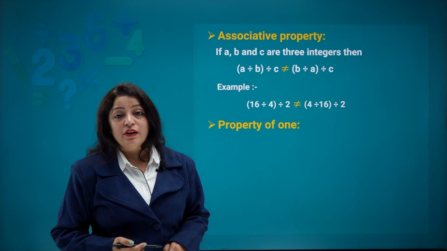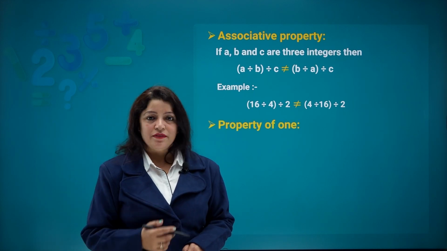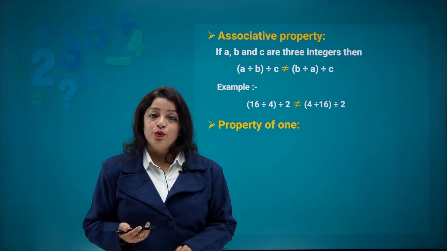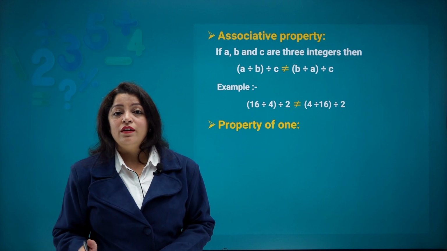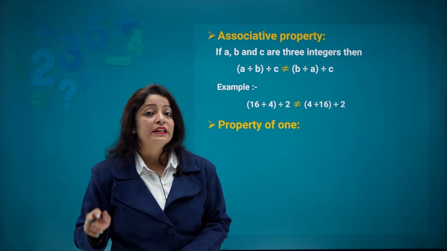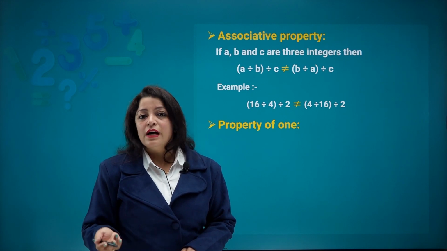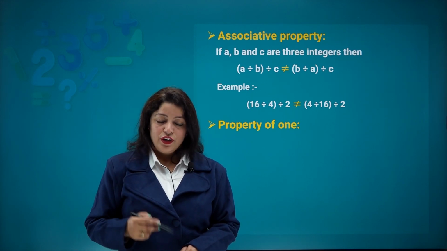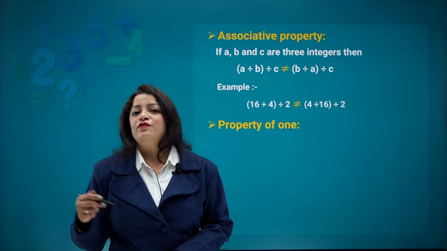The next property that we'll take is property of 1. So what is the property of 1? If any number is given to you and you divide that number by 1, what should be the result? In this case, the result will be that number itself. For example, if you divide 4 by 1, the result you will get is 4. If you divide 3 by 1, the result will be 3.